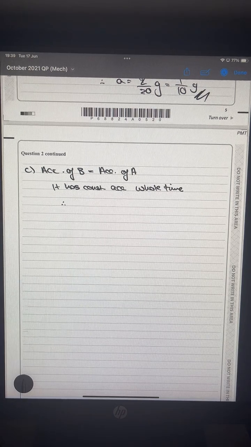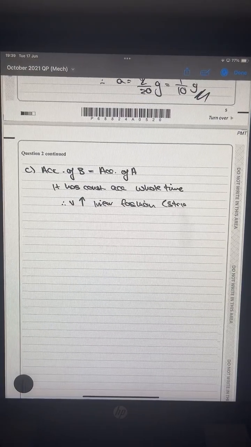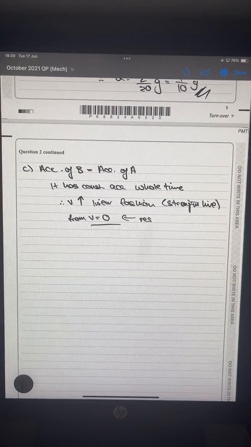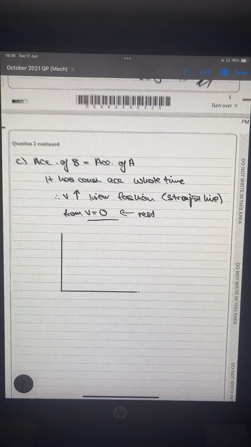So that means that therefore V is going to be increasing in a linear fashion. In other words, a straight line, right? And where am I going to start? From V equals 0. Why? Because it starts from rest. So if I just do my axes for my velocity time graph, I need to label my axes.